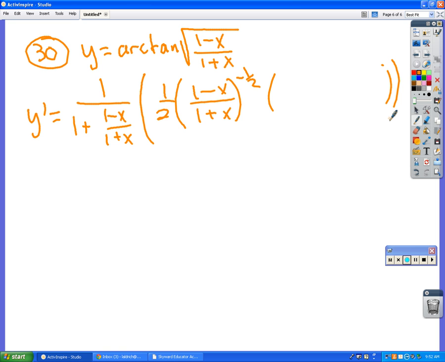Horrible. So low d high minus high d low, which would just be 1, over the square of the low.